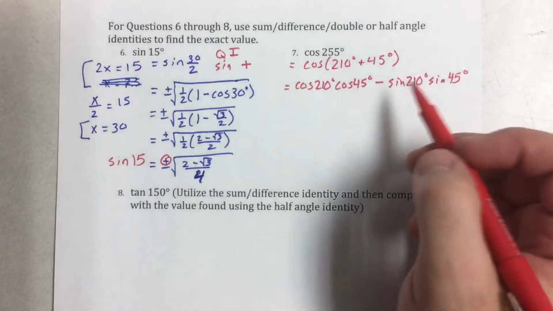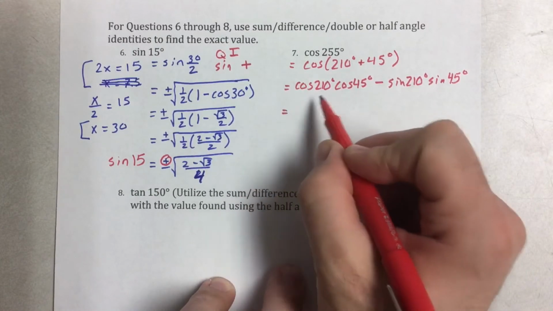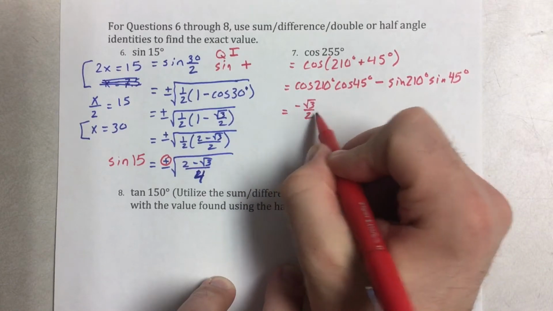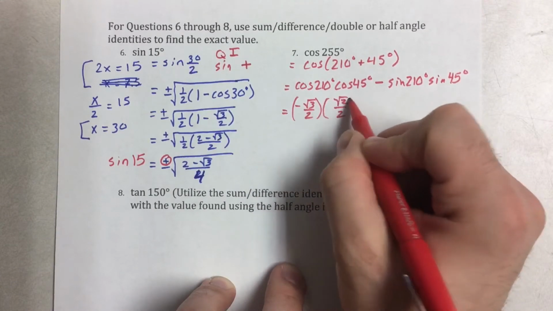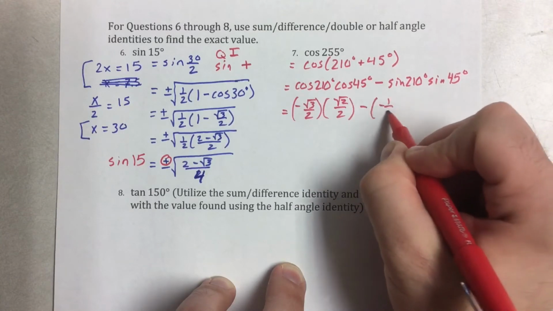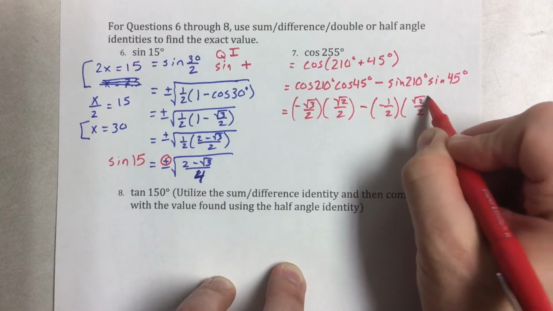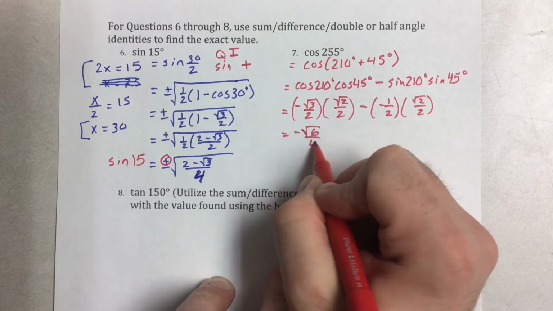Okay, so in that, we have cosine of 210, that is going to be negative root 3 over 2. And then cosine of 45, root 2 over 2. All right, so sine of 210, that is going to be negative 1/2. And then sine of 45 is root 2 over 2. So simplifying, we get negative root 6 over 4.